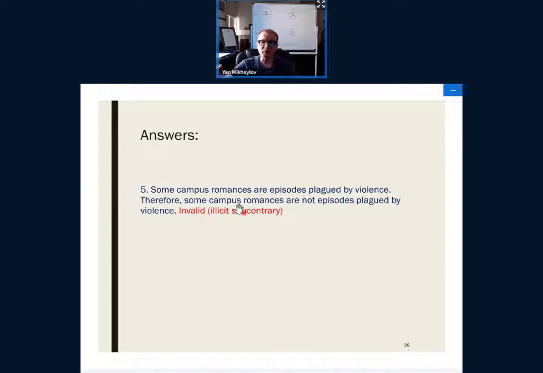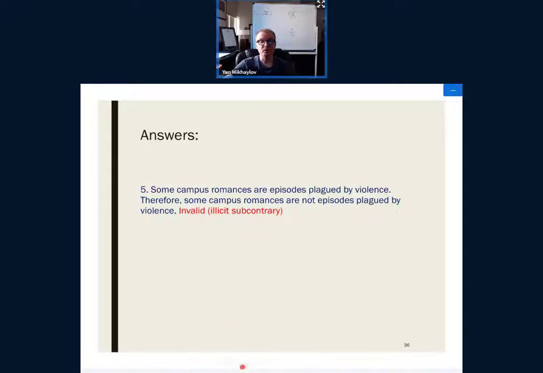Does that by itself mean that there are some other campus romances which do not have violence? No, it doesn't. It's possible that there was only one episode and it had violence, and that's it. Isn't it possible? That would be true with the first statement, but then the second statement would not follow from that.